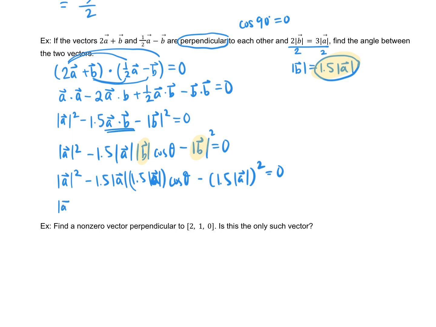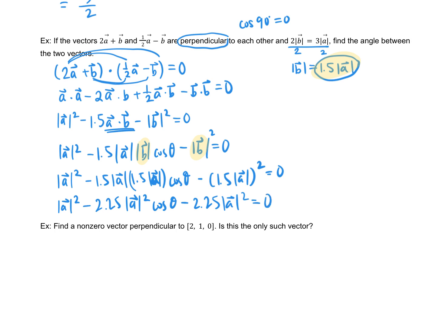So we have magnitude of A squared, and then 1.5 times 1.5 is 2.25, magnitude of A squared cos theta minus 2.25 again, magnitude of A squared equals 0.